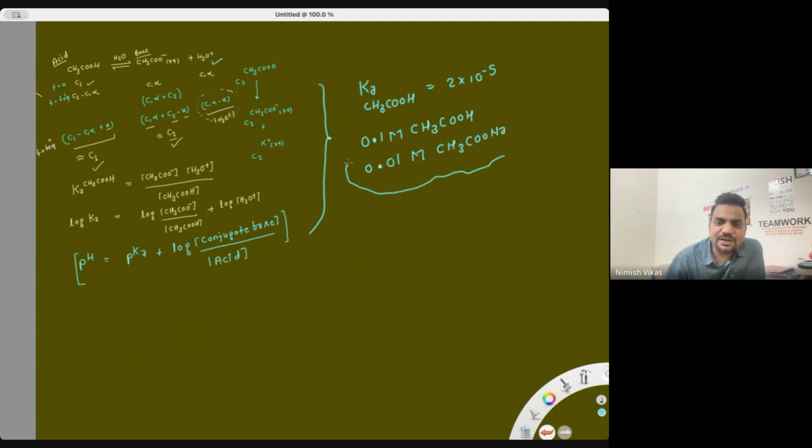So in one solution we have 0.1 molar acetic acid and 0.01 molar sodium acetate. When you see this kind of question, it should click in your mind that this is a buffer question. Why a buffer question? Because they have taken a weak acid and then its conjugate base, which is acetate ion, added as a source from outside.